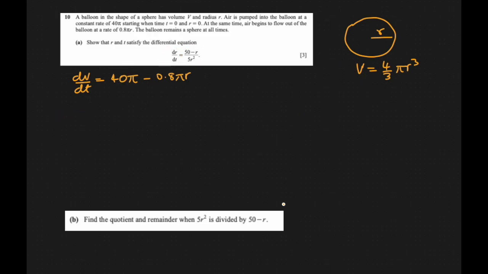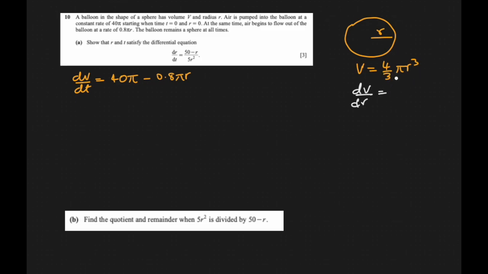So we already have this equation with us. Volume is equal to 4 by 3 pi r cube, and it remains a sphere. That means whatever change is happening with respect to radius will be the differentiation of this.